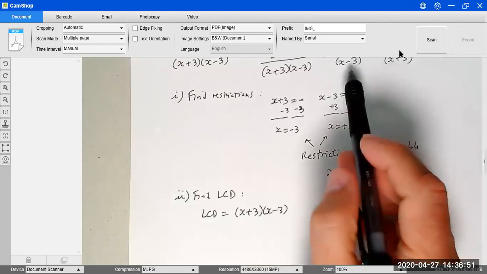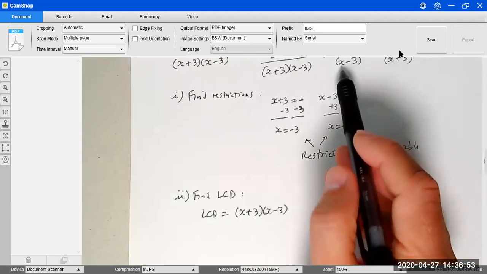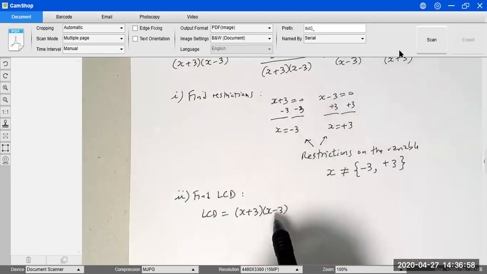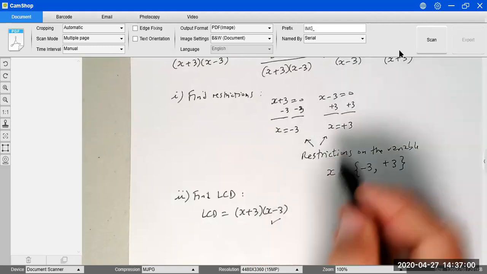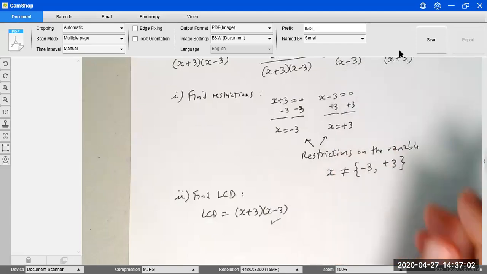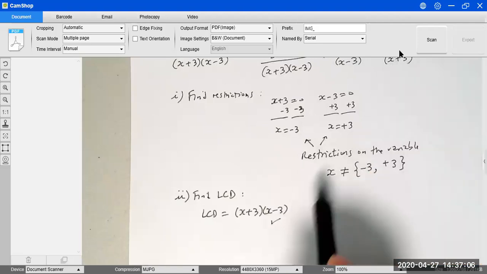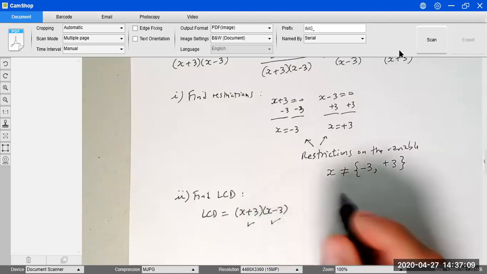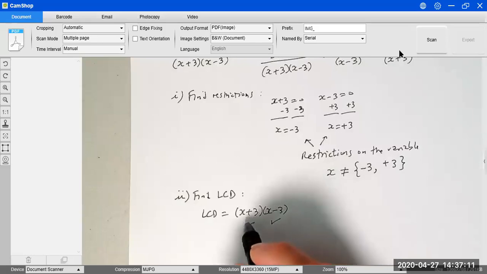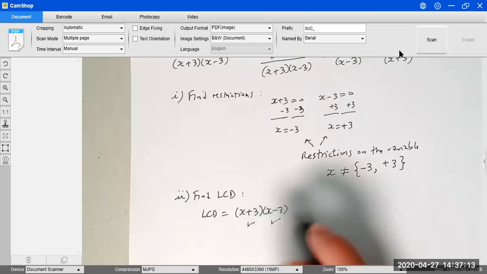Now, second fraction, x minus 3. Is this factor already here? Yeah, it is here. So we don't need to incorporate this factor again. X plus 3. Is x plus 3 over here? Yeah, it's here. So that's my least common denominator. It's just x plus 3 times x minus 3.